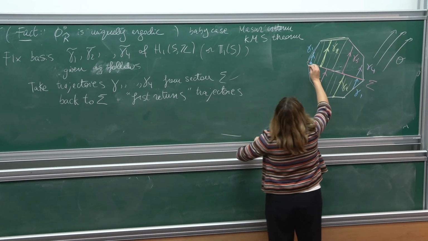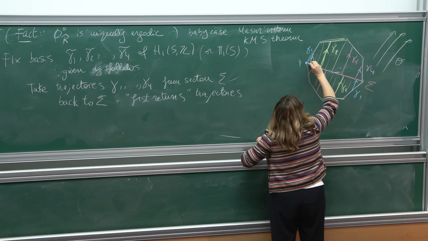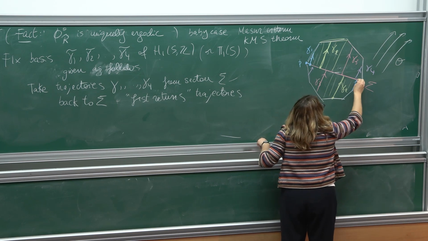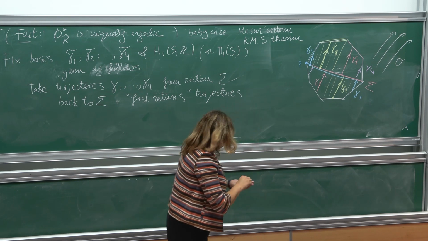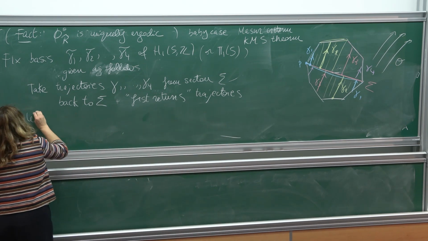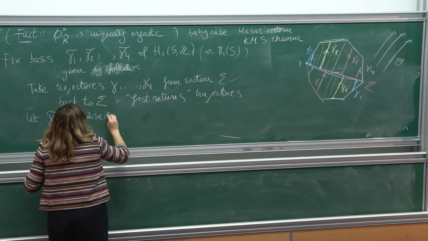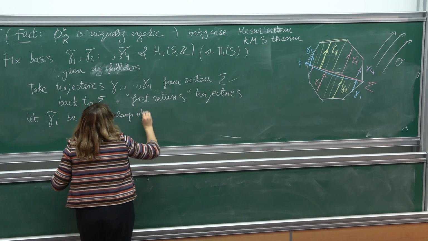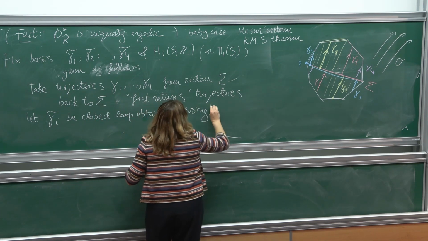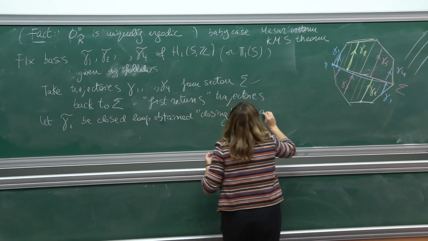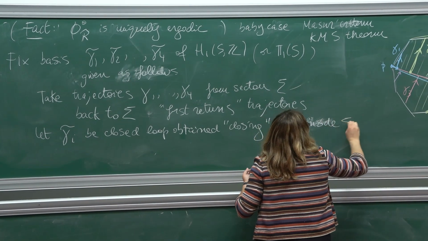So I can choose this as a fixed point, some p, and I can do a loop that goes to gamma 1, does gamma 1, and then comes back to p, right? So then let gamma I tilde be the closed loop obtained by closing this flow trajectory gamma I along the section, inside the section sigma.